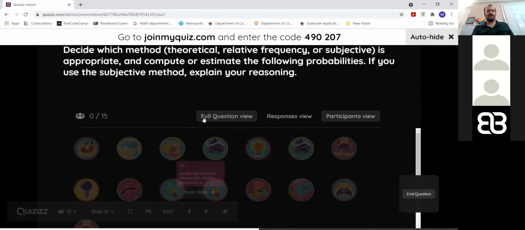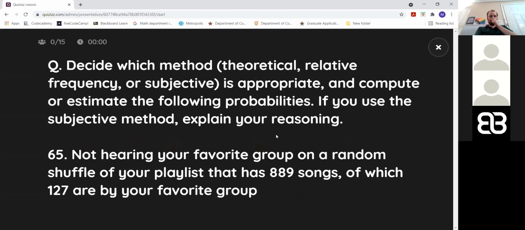And they're being a little bit tricky here, maybe. 127 are from your favorite group. You have 889 total songs. But they want the probability of not your favorite group. So how many of these are not from my favorite group?